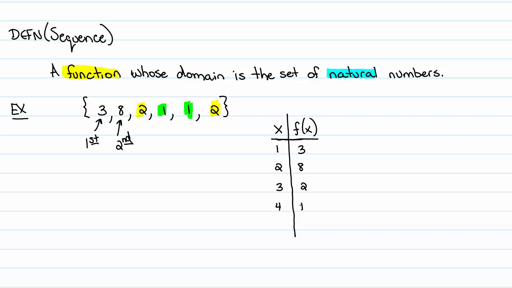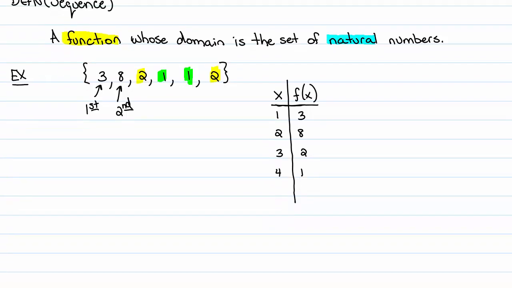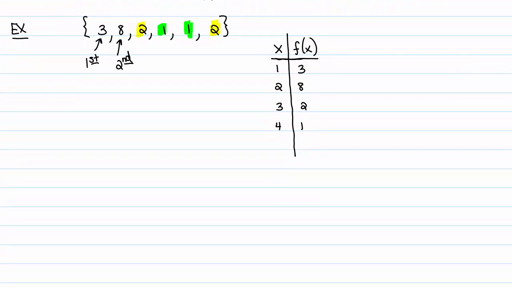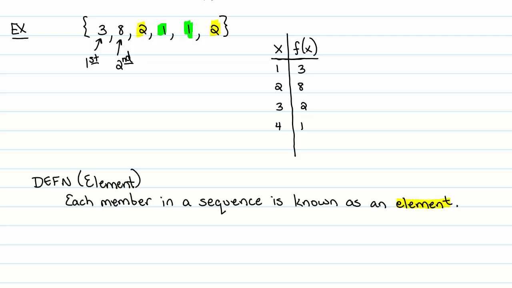Right? Now let's go ahead and talk about what I am actually saying here. I'm using the word element. So each member, let me pause this and actually write this down. So each member in our sequence is known as an element.